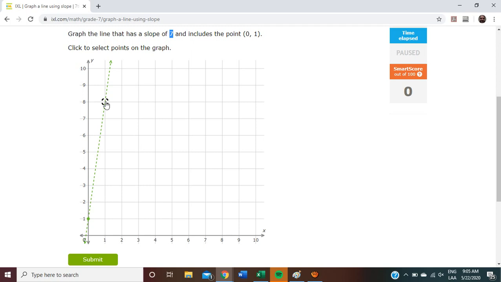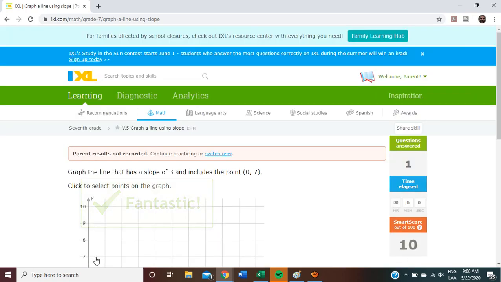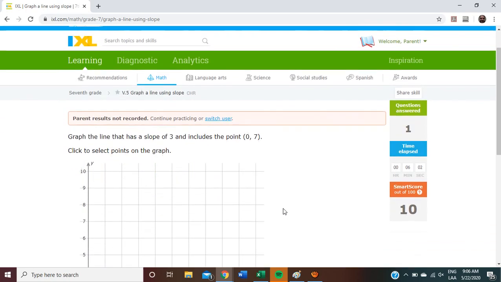So this right here is where we are going to put the second point. As you can see, it is a slope that is very hard to climb, and this is going to be our line. So we submit our answer and we are fantastic.